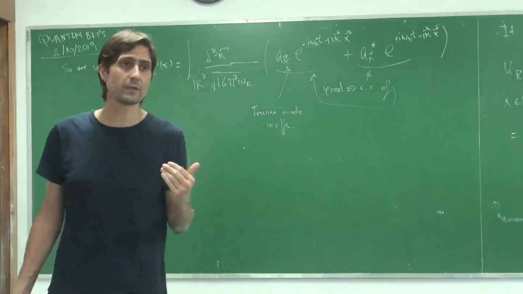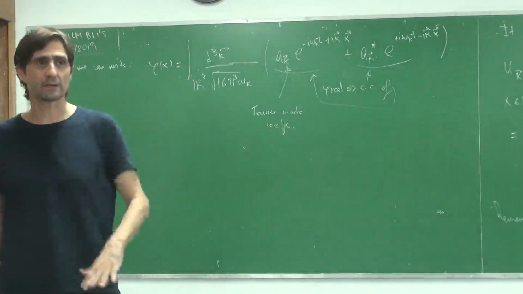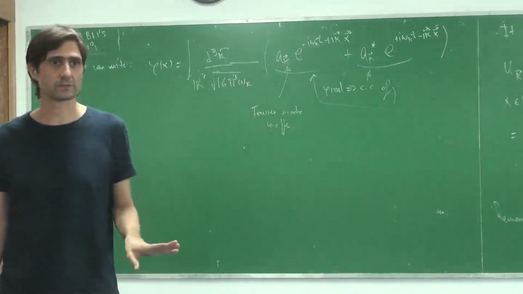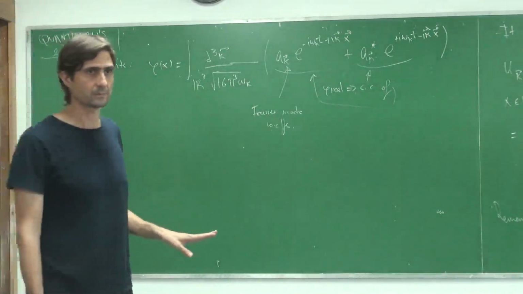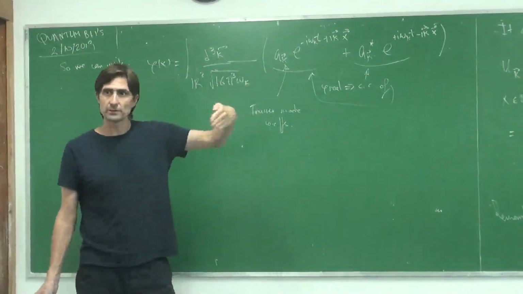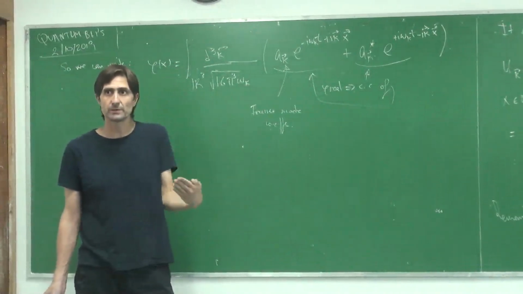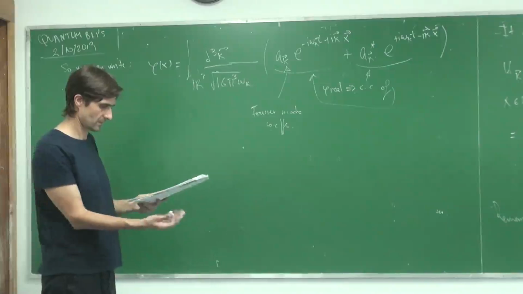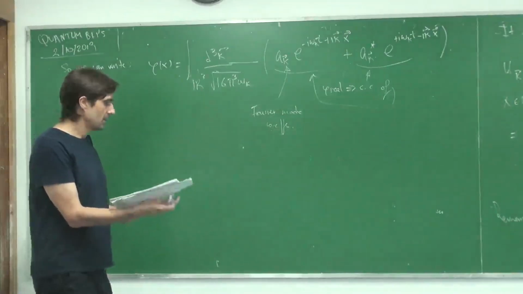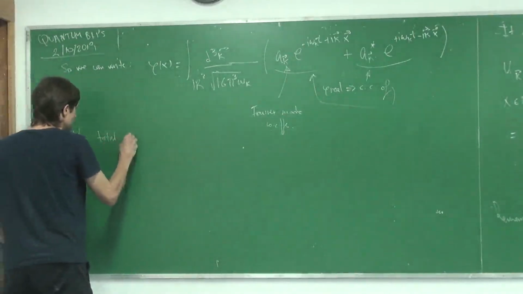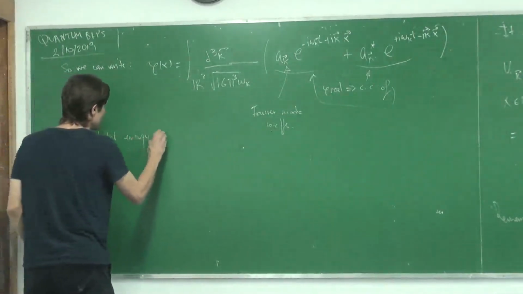That's not a unique way in which you can write it, and in fact, we're going to find other ways of writing it. You can do the decomposition in different ways, but the general solution can be written. In particular, you can choose this decomposition. Okay, so let's look at the total energy. This is given by the Hamiltonian.